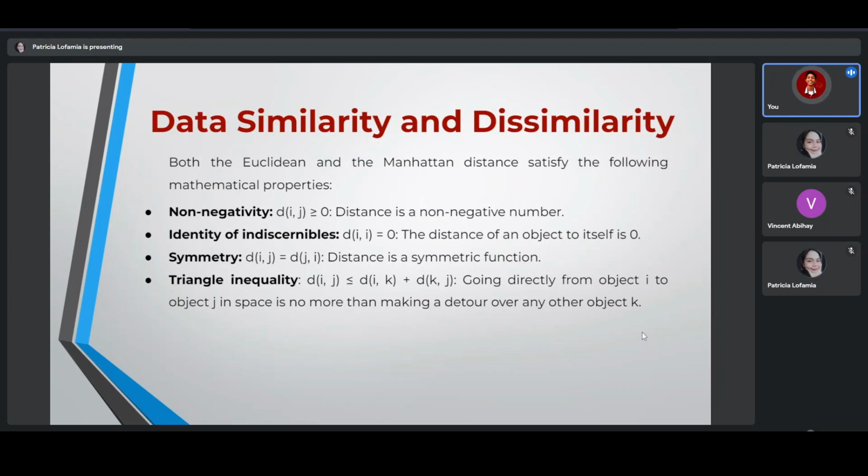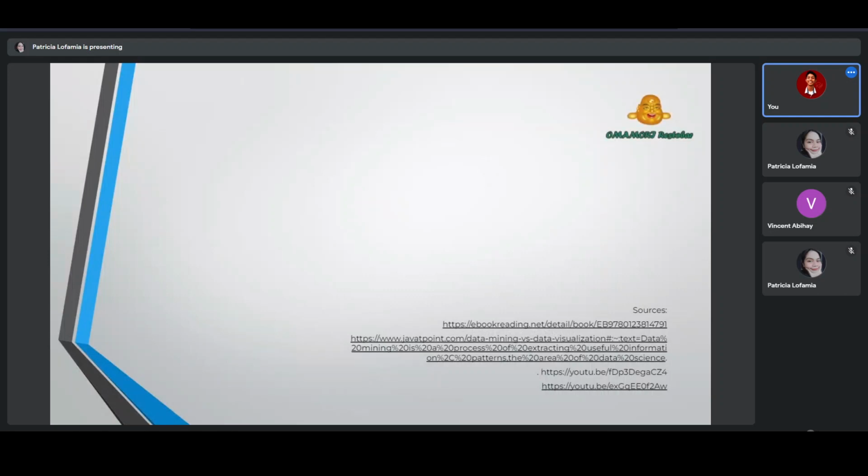Distance d(i,j) is equal to distance d(j,i). Distance is a symmetric function. Triangle inequality. Distance d(i,j) is less than or equal to distance d(i,k) plus distance d(k,j). Going directly from object i to object j in space is no more than making a detour over any other object k. That's it. Thank you.